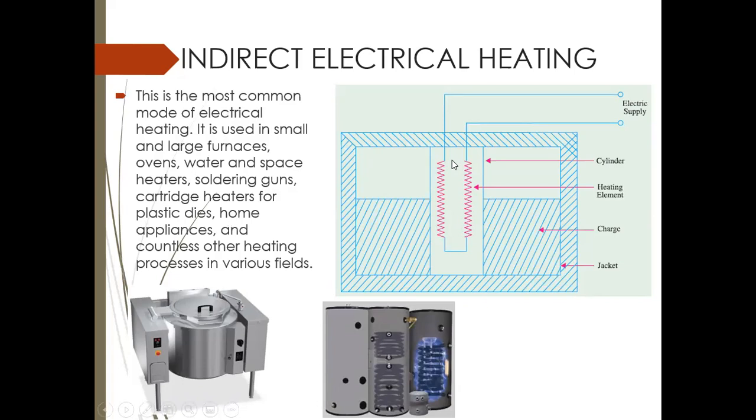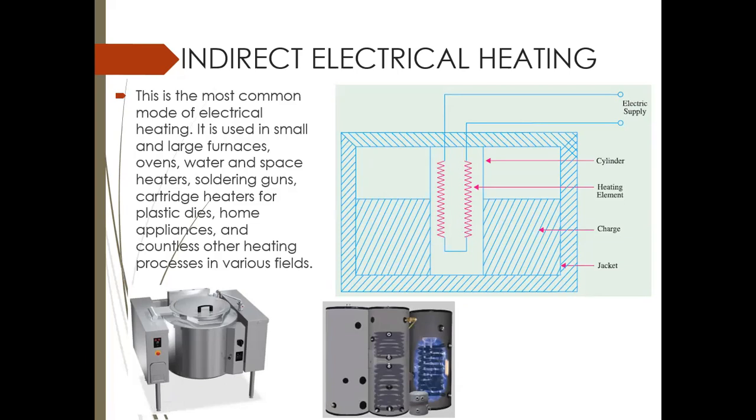The heat produced is proportional to the I square R losses in the heating element, and the heat so produced is delivered to the charge either by radiation or convection or by a combination of the two.